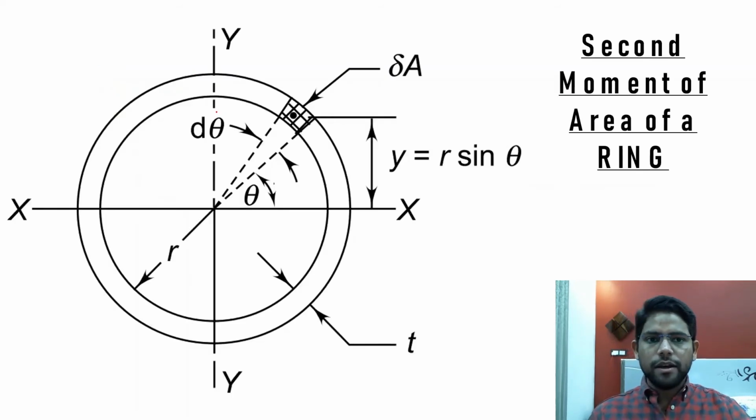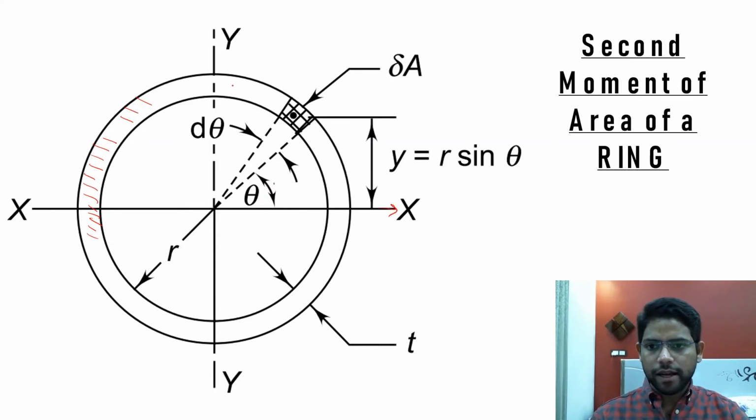So in order to calculate the second moment of area of a ring, where this is your ring, and this is your x-axis, and this is your y-axis. The throat area of the weld, or the thickness of this ring, is t.